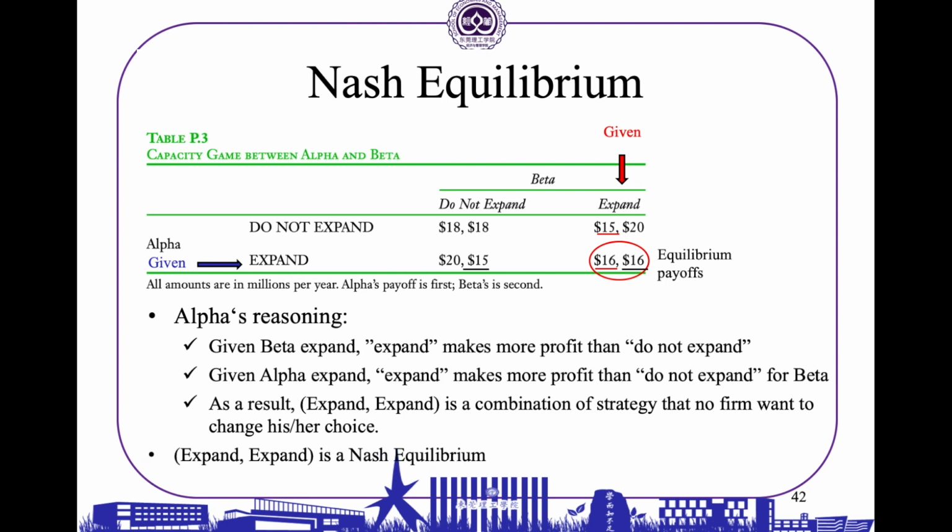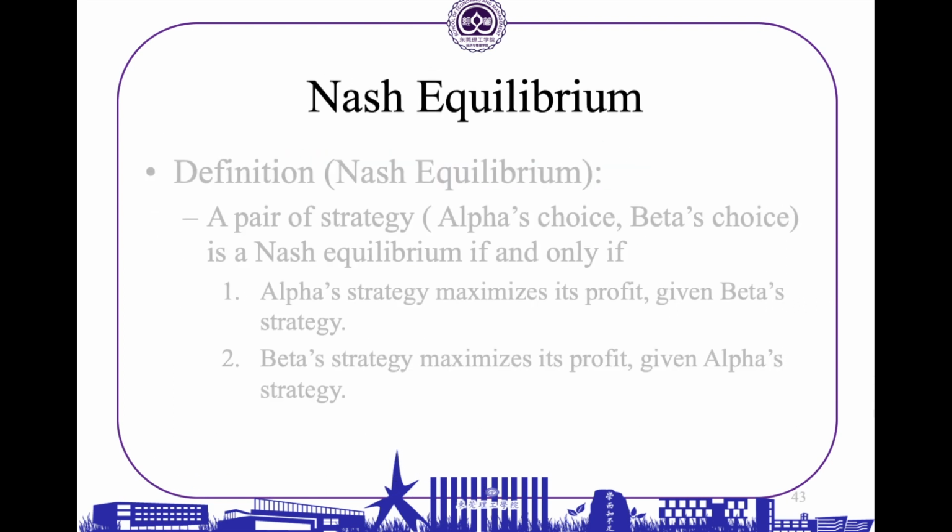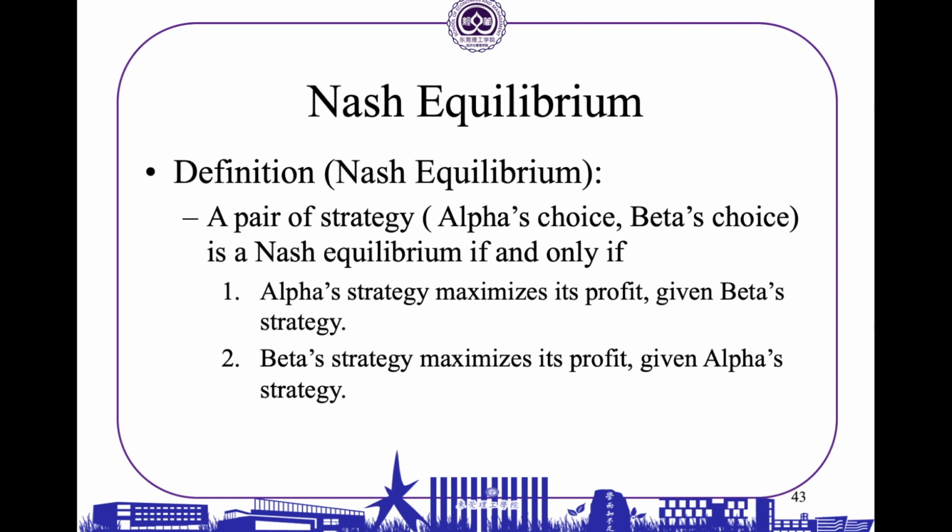Let's give a formal definition of Nash equilibrium. A Nash equilibrium is a pair of strategies such that Alpha's strategy maximizes its profit given Beta's strategy, and Beta's strategy maximizes its profit given Alpha's strategy.